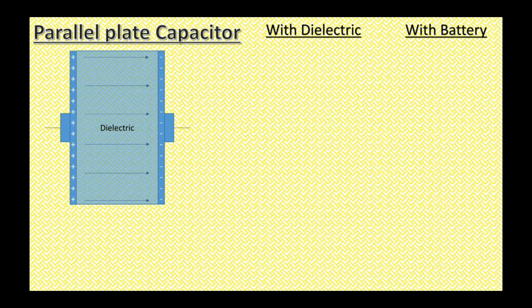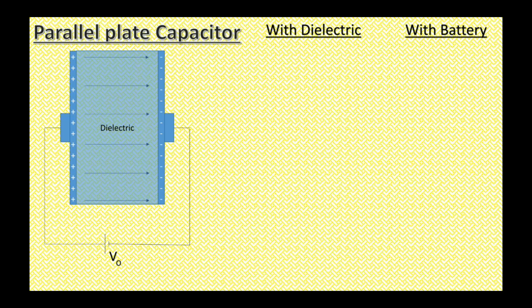Now let us see what will happen if we insert a dielectric in a parallel plate capacitor which is connected to a battery, that is, it is still in charging mode. So here we have a parallel plate capacitor with a dielectric, and let us connect it to an external potential difference source or a battery source. As you can see here, at both ends of the parallel plate capacitor the potential difference is V0.